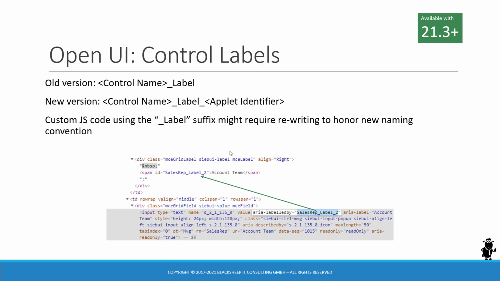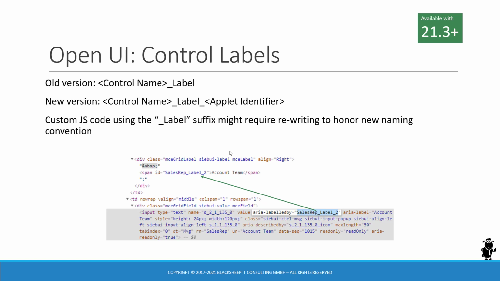And now with 21.3, this seems to be resolved, as now the control label identifiers include the name of the control followed by underscore label underscore and followed by the applet identifier, which is a sequential number like a 1 or 2. So each label has a unique ID, which is a change that has been introduced earlier.